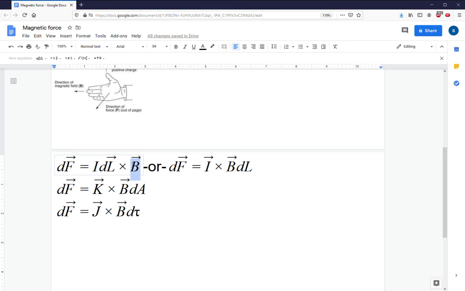Most textbooks will insist that this is the proper way to write it: that the current is not a vector, it's the vector of the wire itself, so you have to write it like this. Our textbook says that it's actually like this, and just by convention, because current is constant in a wire, make it a constant value and push the vector to L, claiming that it's just a way to do the math.